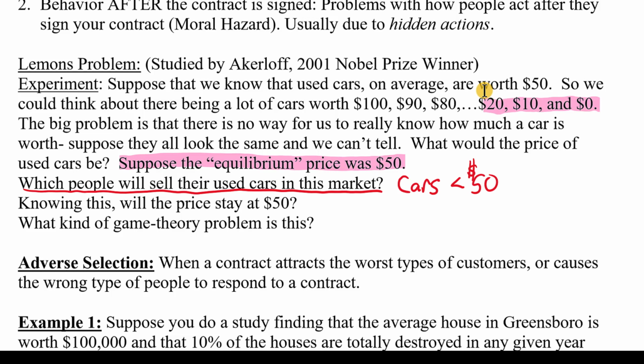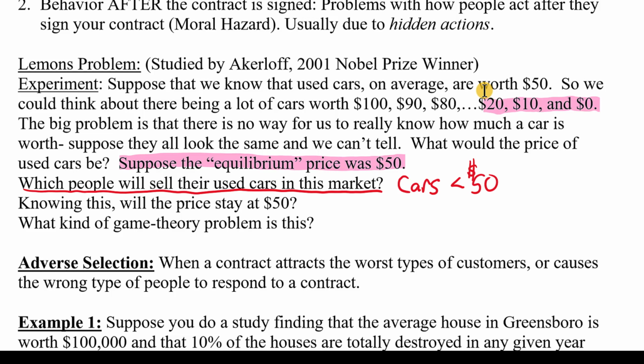Probably not again. The problem in this market is if there's no way for buyers to be able to know what the car is truly worth, then whatever they're willing to pay, they know that they're going to get ripped off. They know they're only going to be able to buy a car worth less than what they're willing to pay.